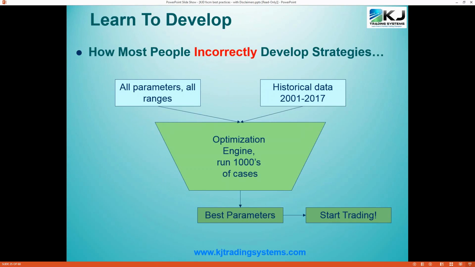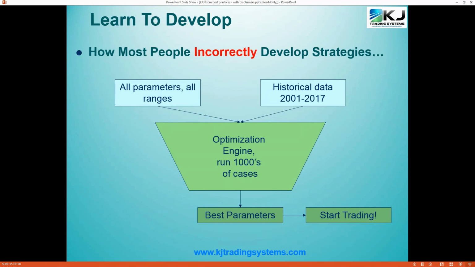They take their code and all the parameters they have for their code, all the ranges, and put all their historical data, throw it in this big hopper, which is the optimization engine of the trading platform, because most trading platforms allow you to optimize. You run thousands of cases or millions of cases. I've heard of people running for weeks on end of optimization.